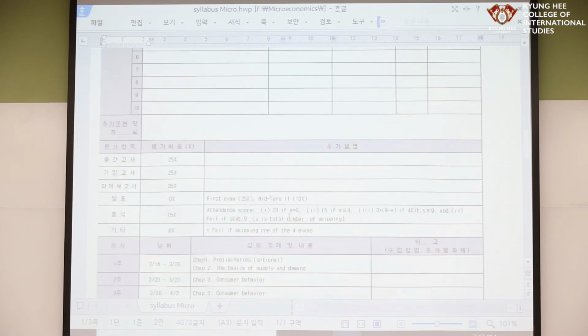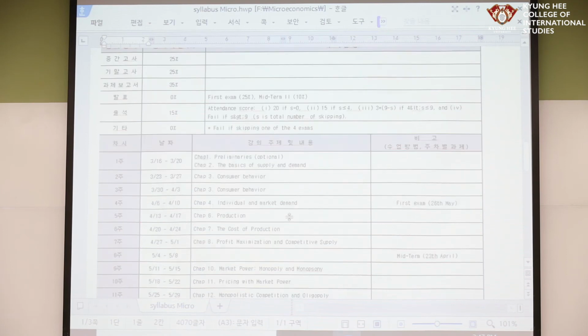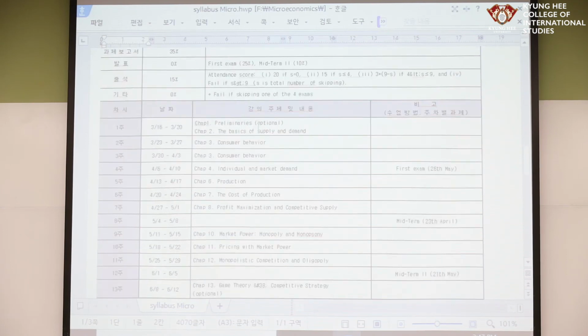Let's look at this syllabus. After studying consumer theory, we have the first exam. The exam date was rescheduled based on the changes in this semester. Then we study production and profit maximization when the market is perfectly competitive, and we have the midterm exam.